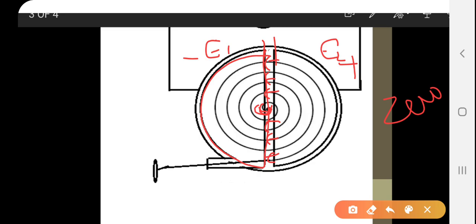Due to the acceleration in the gap, it pushes the charged particle inside the cylinder. Due to this push and the constant velocity inside the cylinder, the charged particle moves in a circular path.